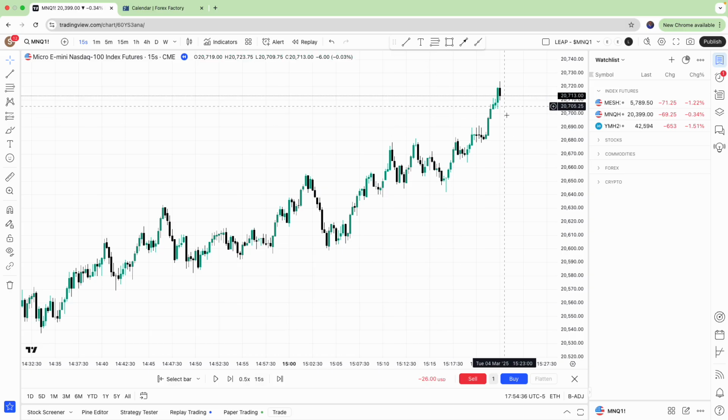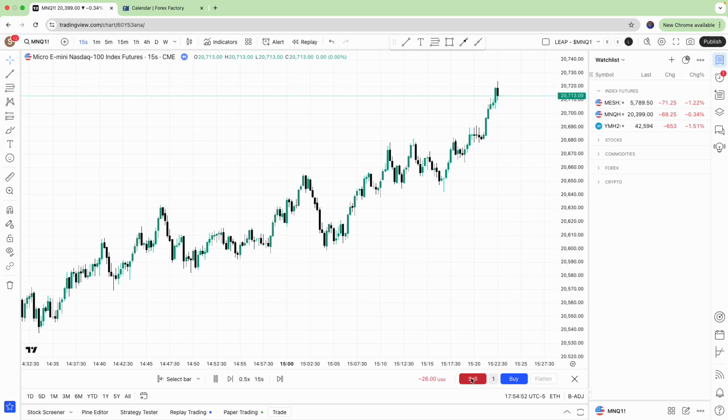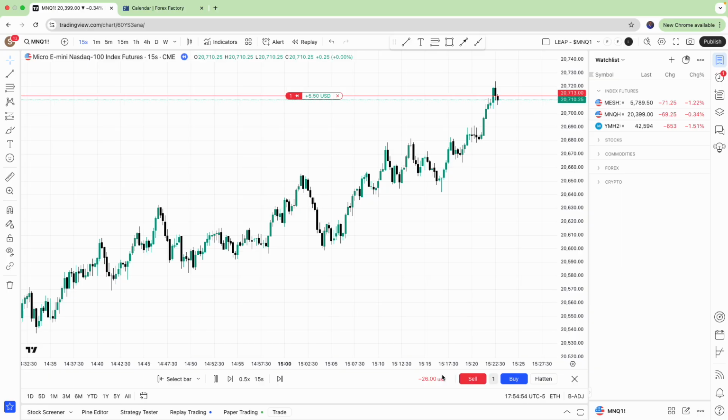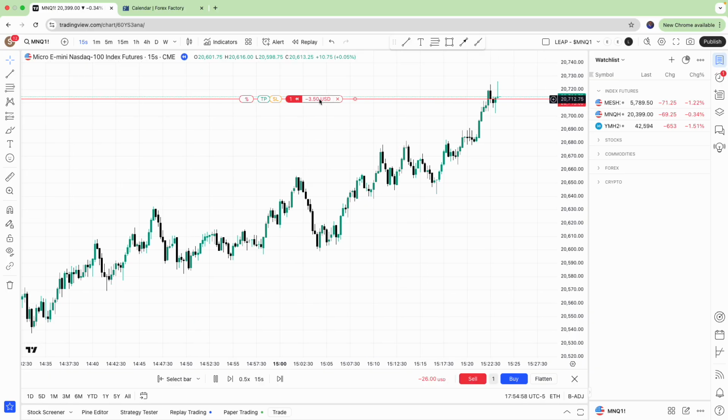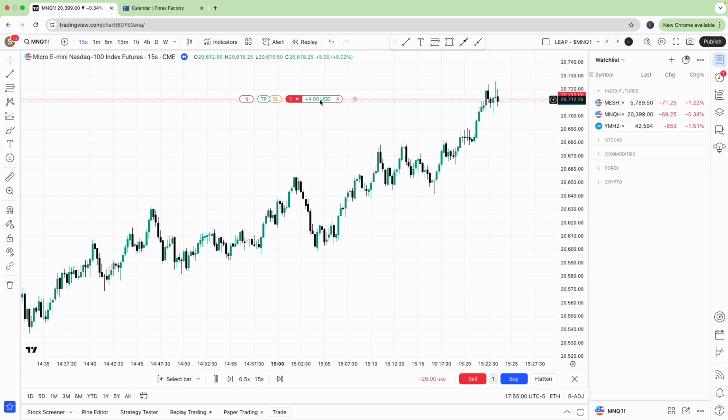I think price is going to go lower here. Because I believe price is going to go lower, I'm going to sell short here. So we'll watch that play out. And here's the profit and loss right there.